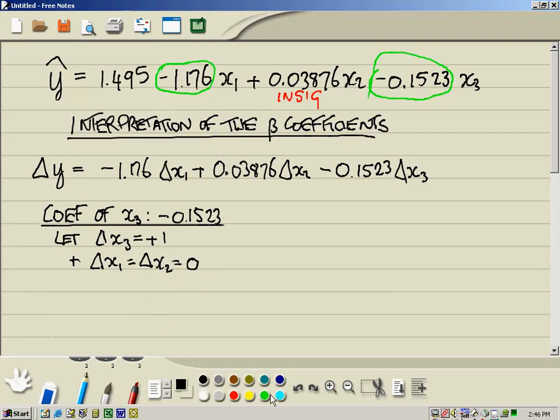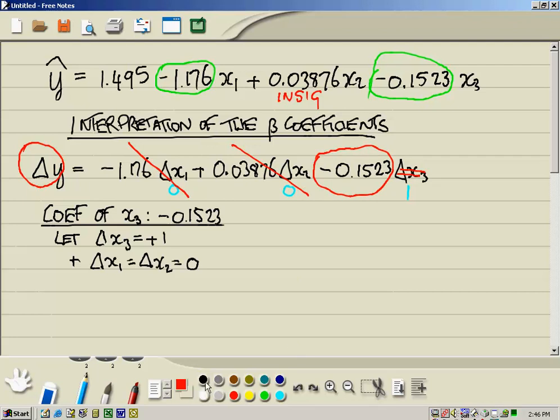Okay, so what we'll have is that delta x3 becomes a 1, delta x2 is 0, delta x1 is 0, and what that'll do is mean that that first term goes away, second term goes away, and delta x3 goes away, so what we're left with is that delta y is equal to a negative 0.1523.